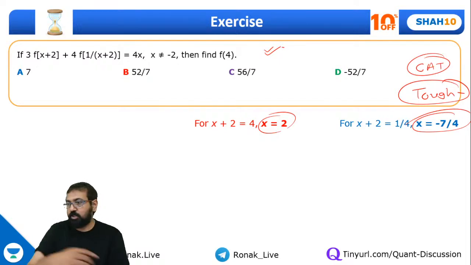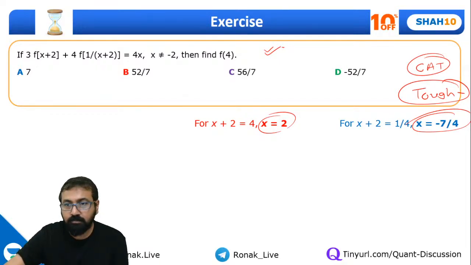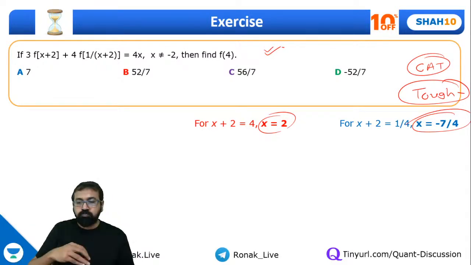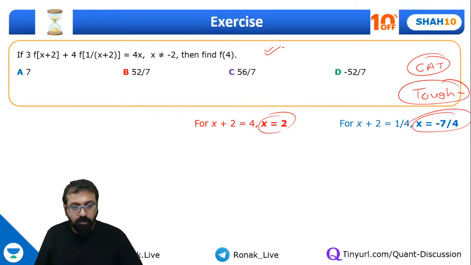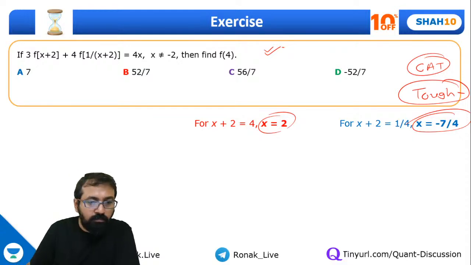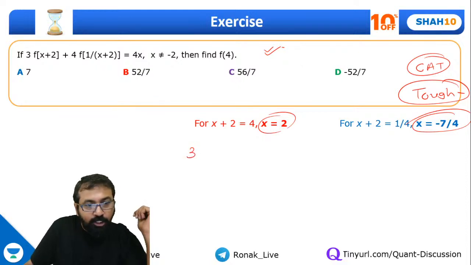So guys, what's the answer for this question? If I just put x equal to 2, I'll get 3 f of 4, because I need to find out f of 4.